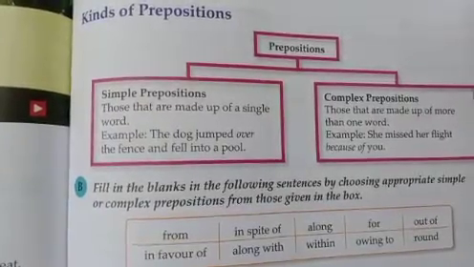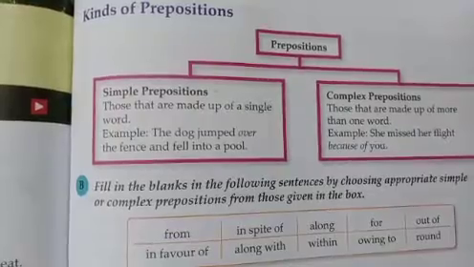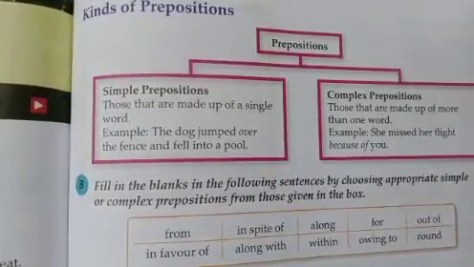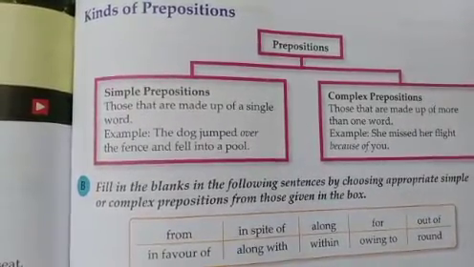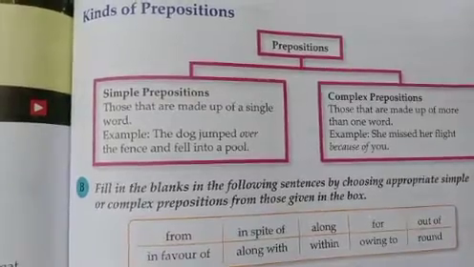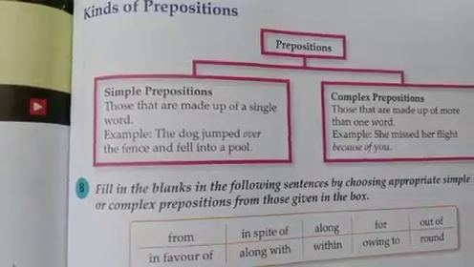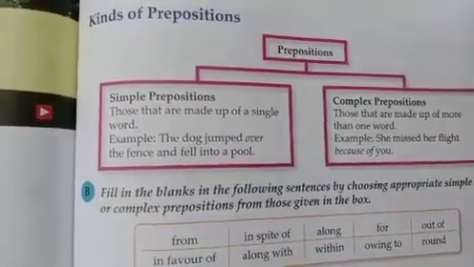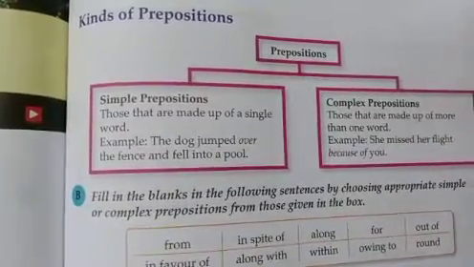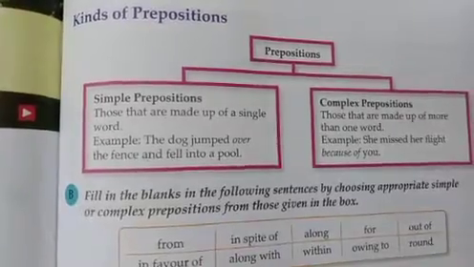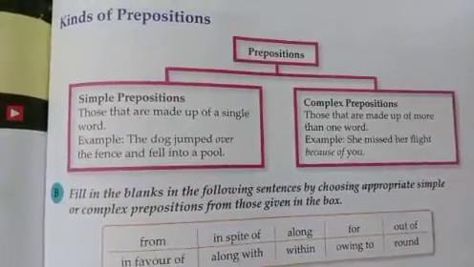See, you only have to remember this. Simple means single word. Complex means more than one word. Okay, children, I'll give you some examples of complex prepositions, like in front of, due to illness, in aid of charity. So these are all made up of more than one word, complex prepositions.